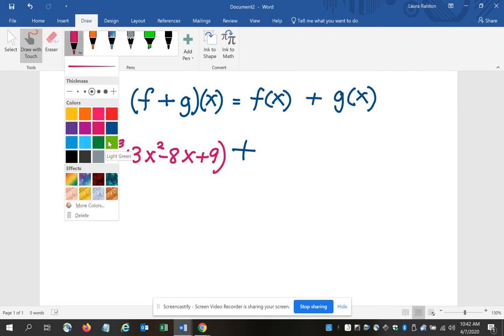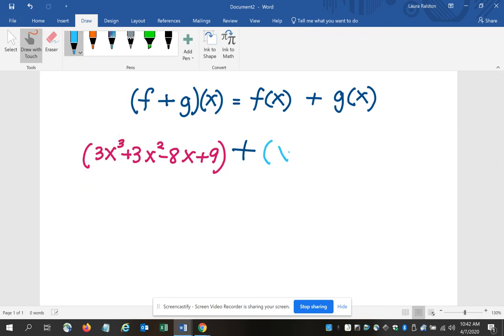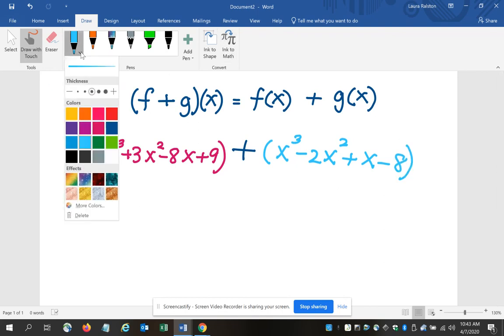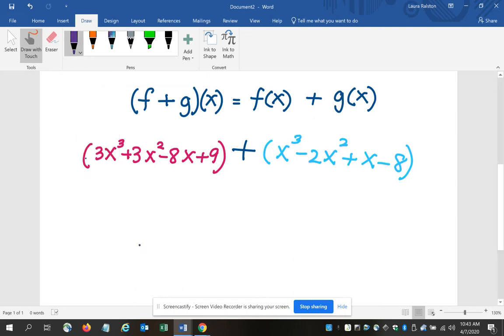Then I plug x into function g. Function g was given as x cubed minus 2x squared plus x minus 8. Then to add them together, we combine like terms. 3x cubed plus 1x cubed makes 4x cubed. 3x squared plus negative 2x squared, different signs subtract, gives me 1x squared, and it's positive.